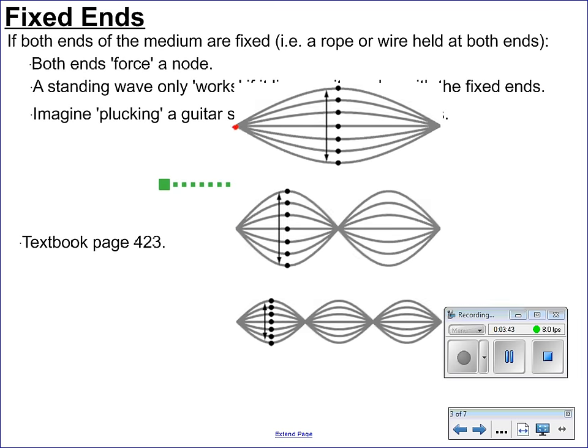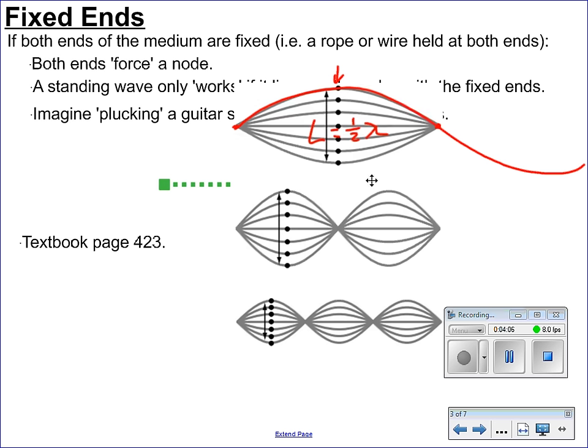So node, node, and antinode. Now if you look at that, to trace one of these into a full wavelength, you would have to extend it past to double its length. So really what we're saying here is that the length of this is equal to 1/2 of the wavelength that you're setting up to get that standing wave.